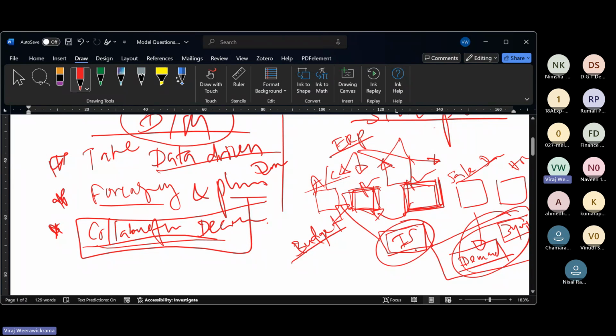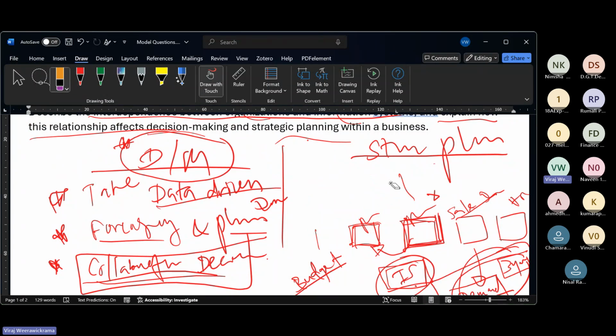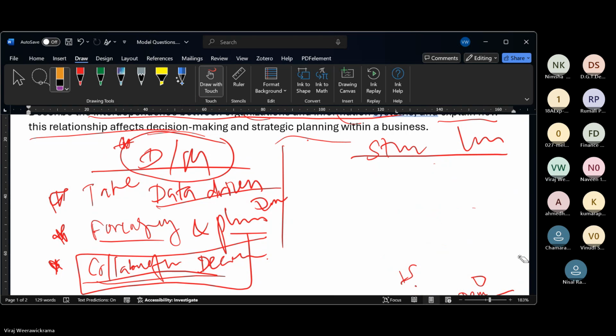Okay, that's all about the decision making process. Apart from that, we have to discuss strategic planning as well, right? Strategic planning. Now, for example, let me clear these points. Fine.